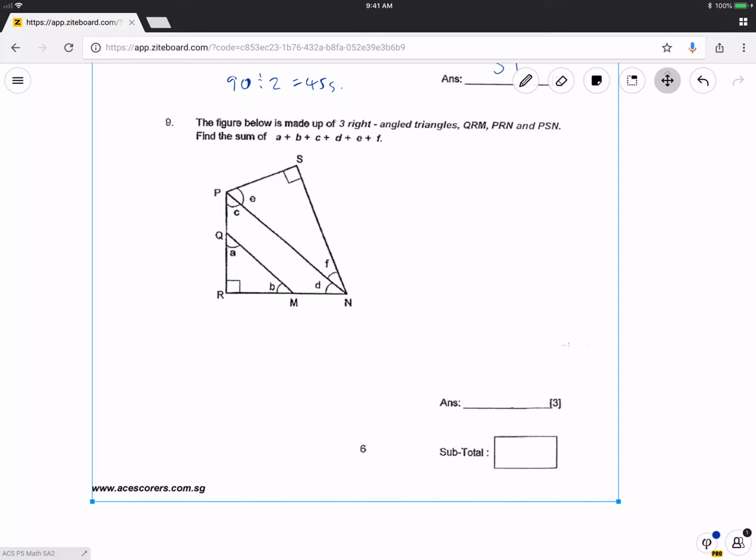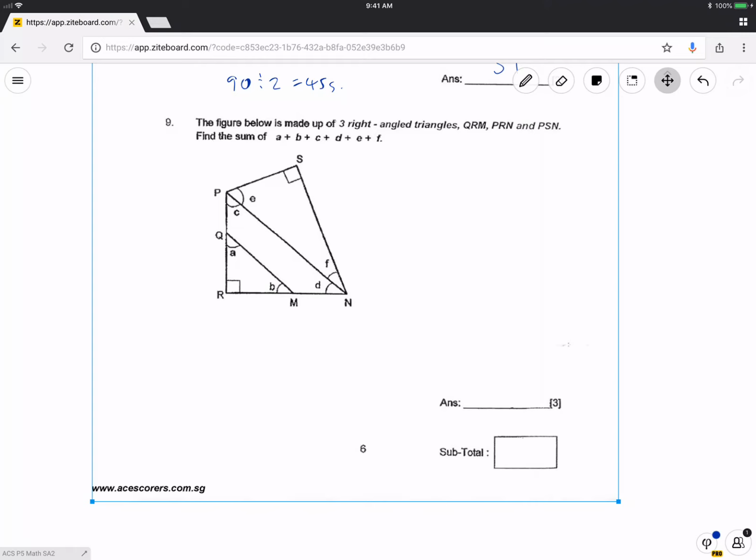Find the sum of A, B, C, D, E, F. Okay, E plus F is 90, a right angle.